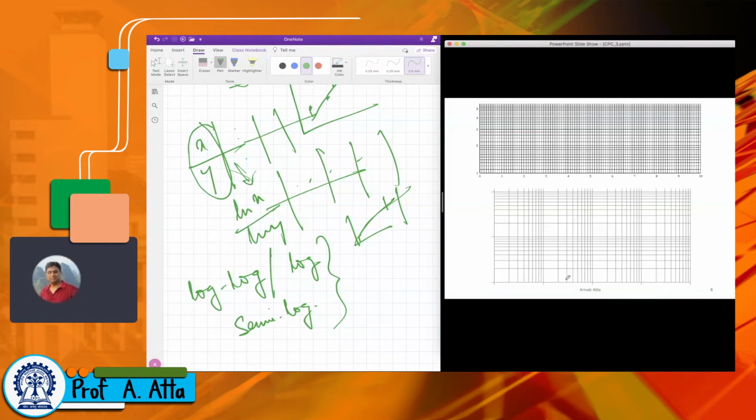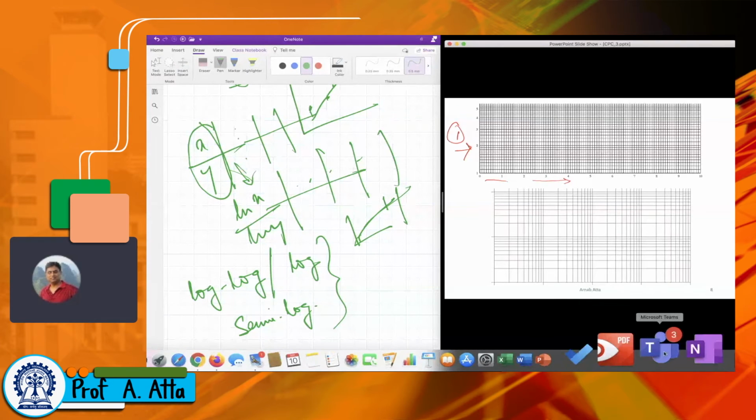Now, I hope these graph papers are visible to you. In the first one, on the x-axis, you see that this is already a rectangular scale, 0, 1, 2, 3, 4, 5, 6. So the conventional graph paper, we call it the rectangular graph paper.